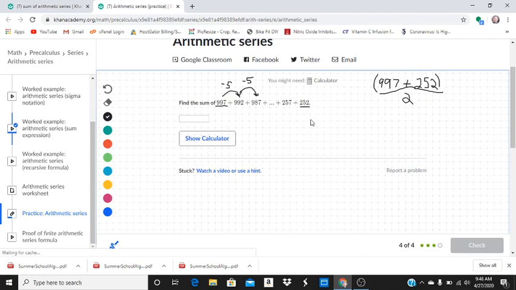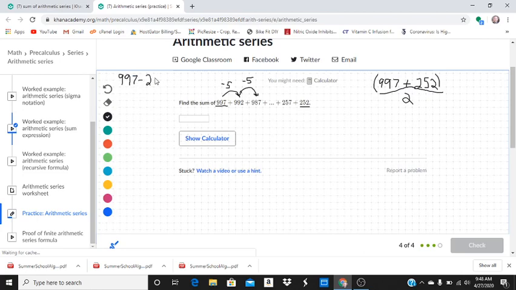The reason I'm changing the order of subtraction in this case is that the first term is greater than the last term. I could do it the other way. I could take the last term, subtract the first term, get a negative number, and then divide by negative 5. But either way works. I like to keep positive today.